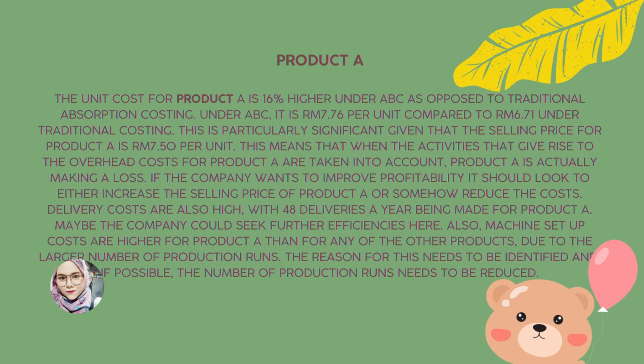If the company wants to improve profitability, it should look to either increase the selling price of product A or somehow reduce the cost. Delivery costs are also high, with 48 deliveries a year being made for product A. So maybe the company could see a further efficiency here, and also machine setup costs are higher for product A than for any of the other products.